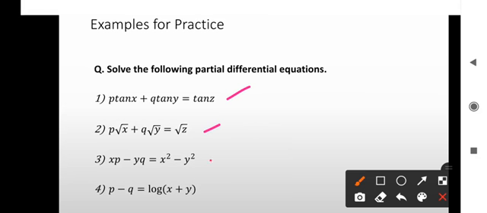Third example also to be solved referring first and second solution, but here you have to use the result of solution 1 obtained in that equation, and same for fourth example. So try to solve these examples referring to the solved three examples.